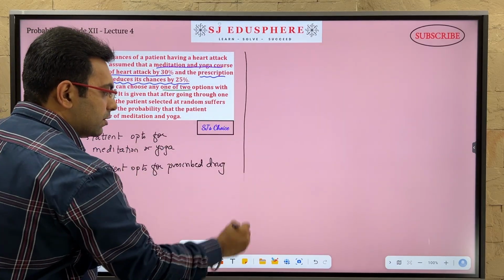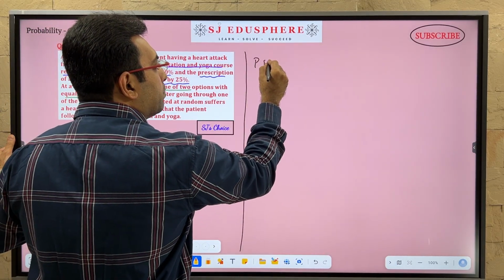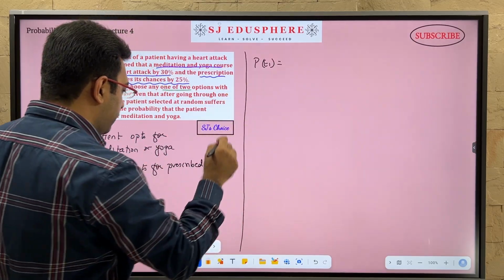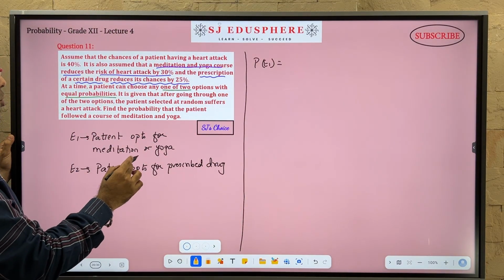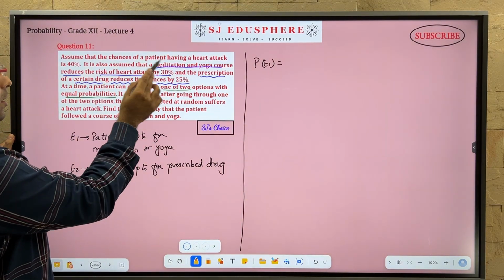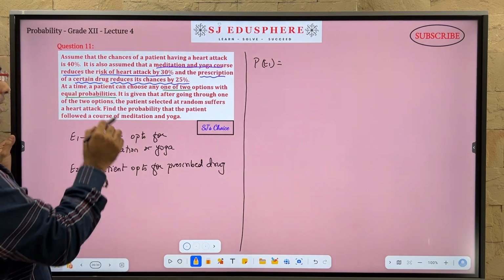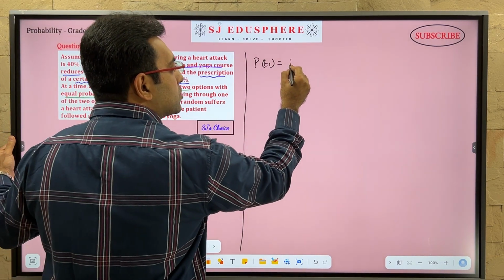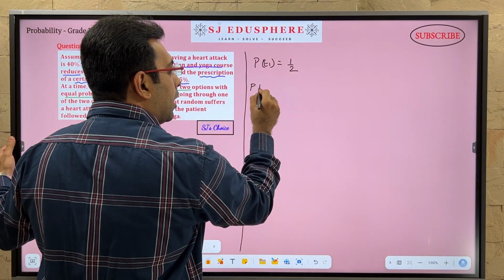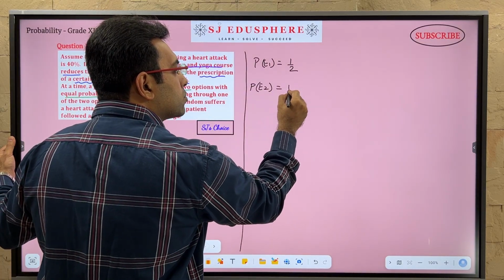What are the chances? Probability of a person opting for meditation or yoga is equal, equal probabilities. That means probability E1 over here is half and probability E2 also is half.